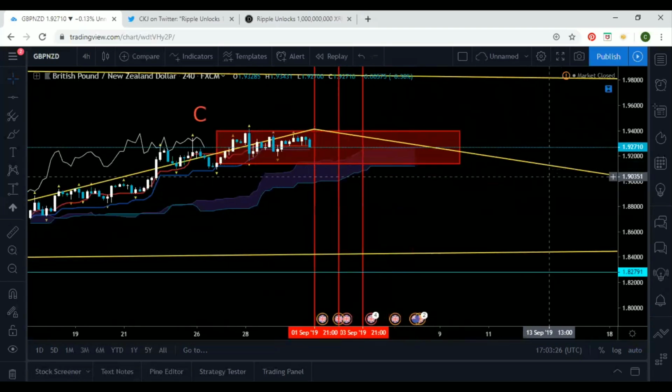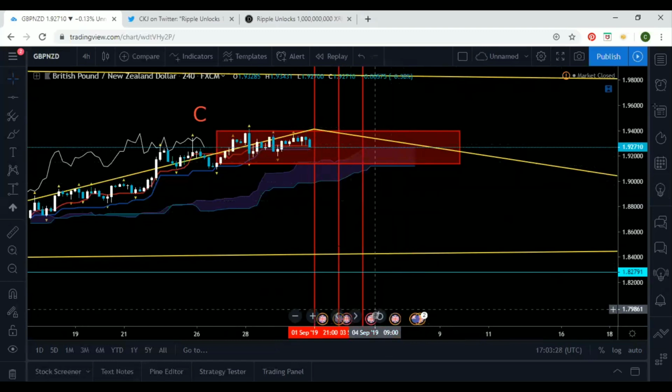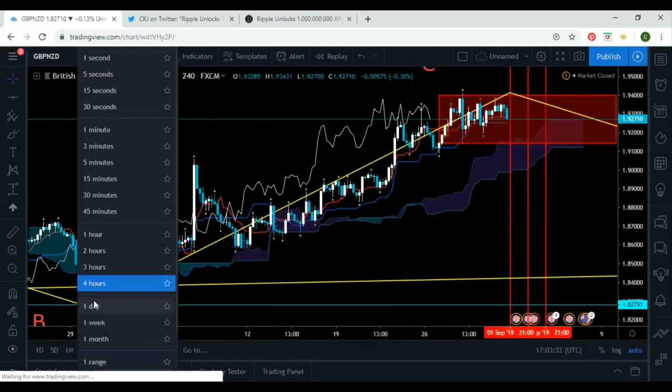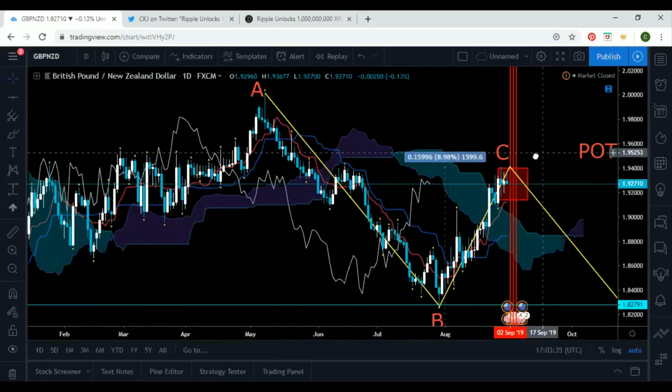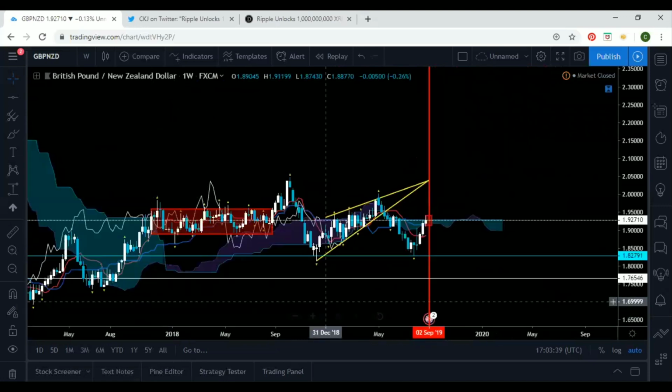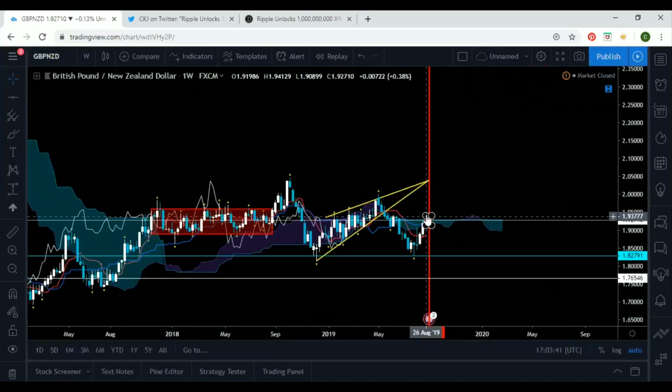If we do get a break to the upside, let me zoom out. If we do get a break to the upside, let's see. It was off the weekly time frame, I believe. Yeah, weekly time frame. I would imagine it comes back to this level. Let me box this in real quick.